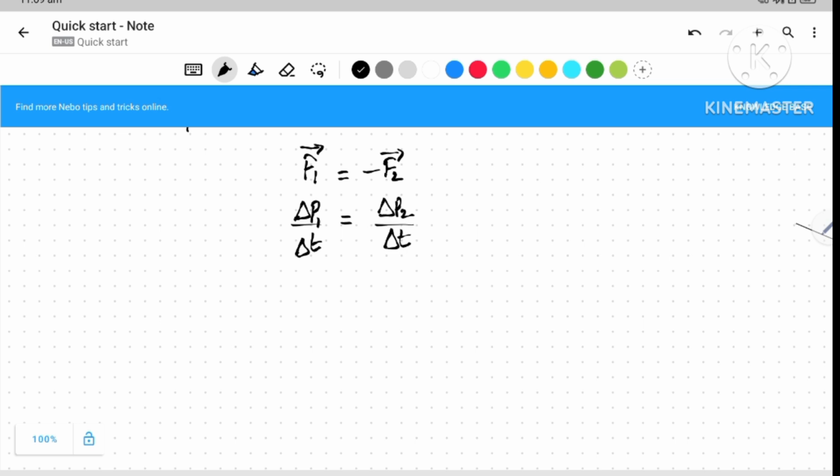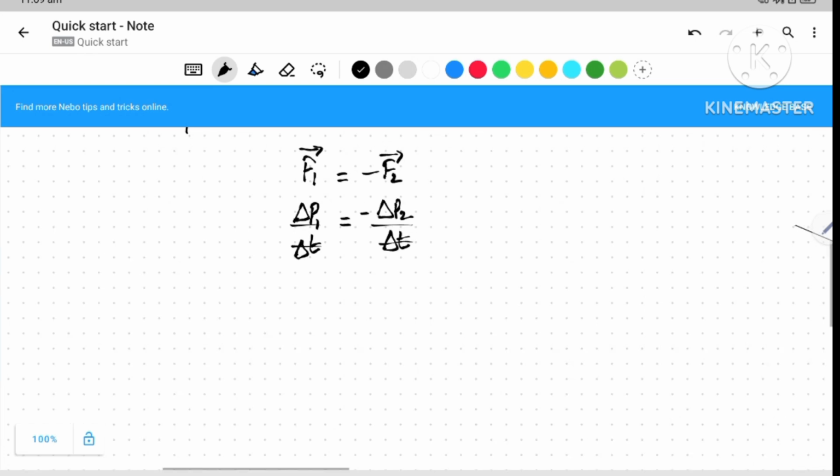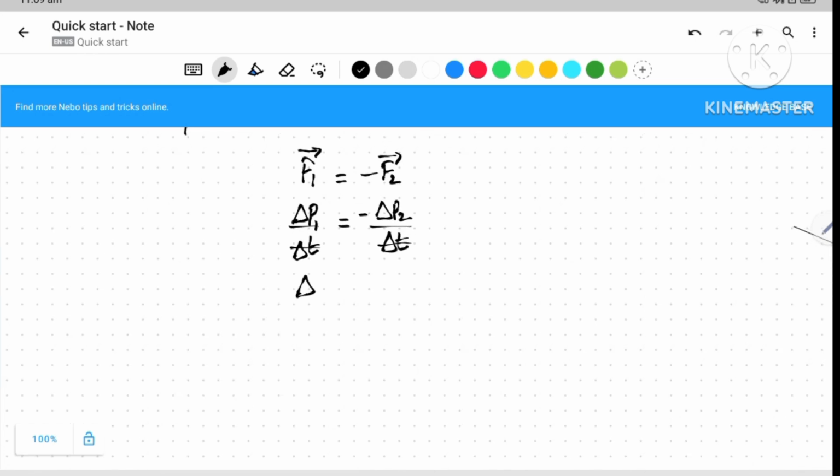These are the rate of change of momentum of both bodies, but with a negative sign for the second one. Now cancelling delta t on both sides, you will have delta p1 equal to minus delta p2.